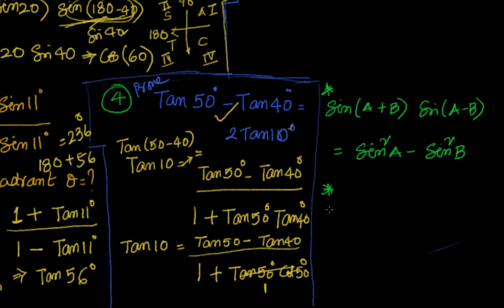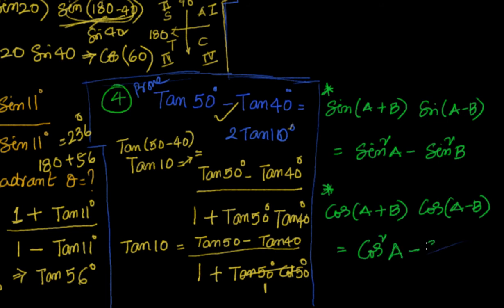Similarly, there is another formula: cos of A plus B into cos of A minus B is equal to cos square A minus sin square B. These are very simple. You can do it on your own. You can write sin A cos B plus cos A sin B, times sin A cos B minus cos A sin B. Now it's A plus B, A minus B, right?